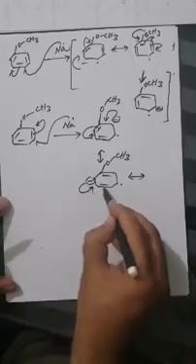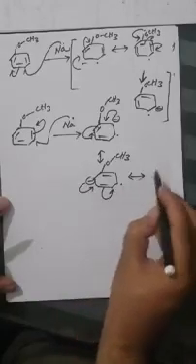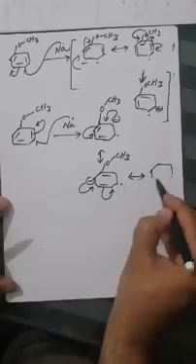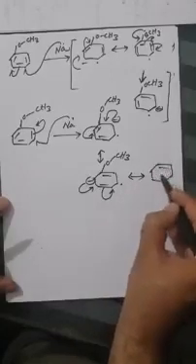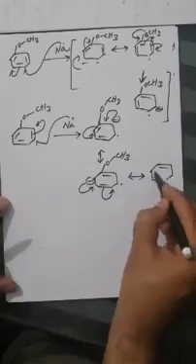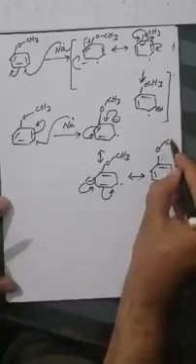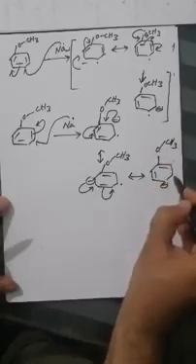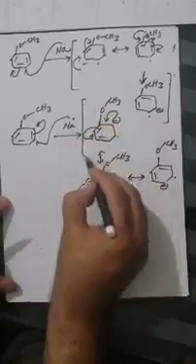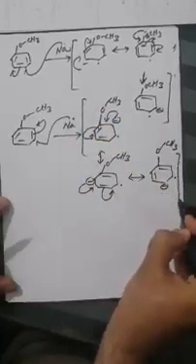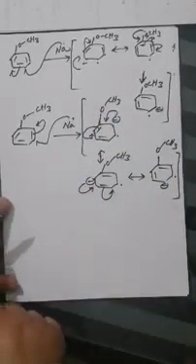If this negative charge comes here, then this carbon will get a negative charge. Now we have drawn another three resonating structures.